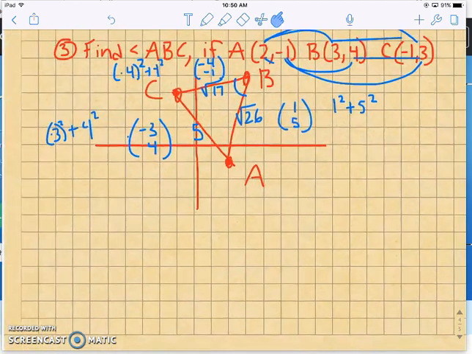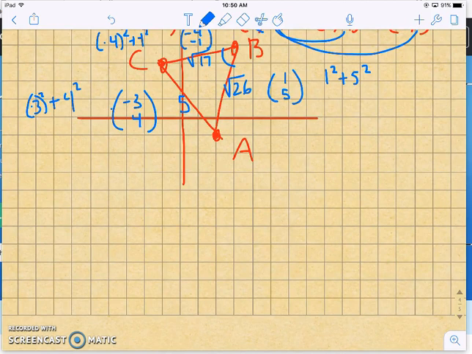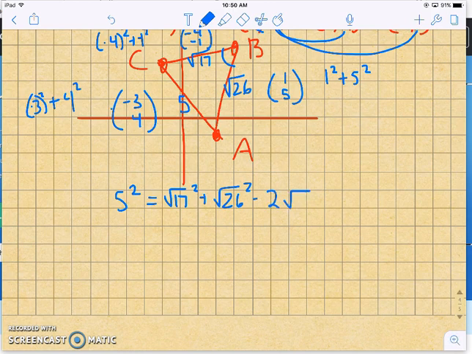And now to find that angle, we could use that law of cosines. So if we want to find angle B, 5 squared equals the square root of 17 squared plus the square root of 26 squared minus 2 times the square root of 17 times the square root of 26 times the cosine of B. So we have 25 equals 17 plus 26.